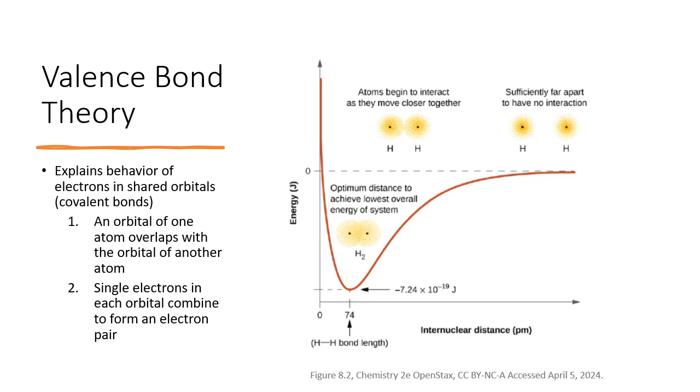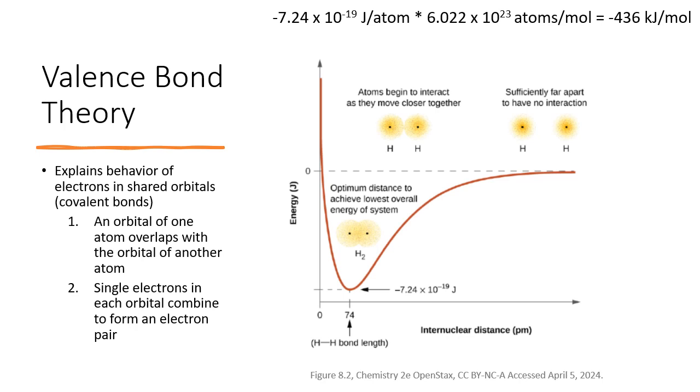The bond energy is the difference between the energy of the separated atoms and the energy at the minimum. In this plot, it's negative 7.24 times 10 to the negative 14th joules, which seems like a really tiny amount until you multiply it by Avogadro's number.